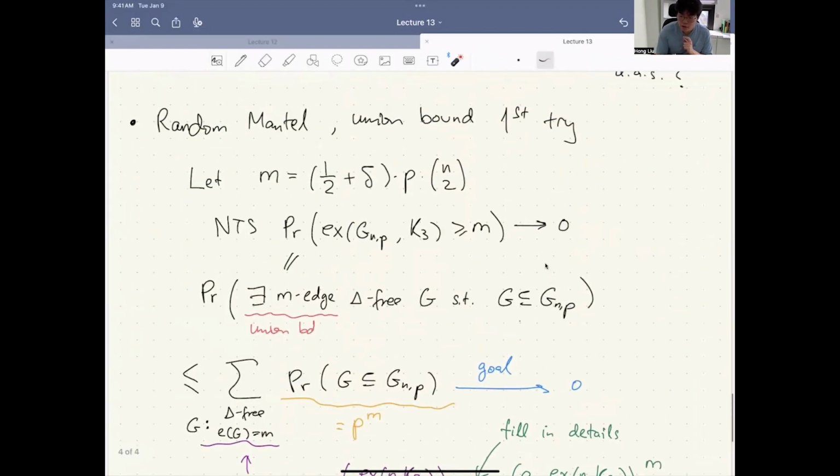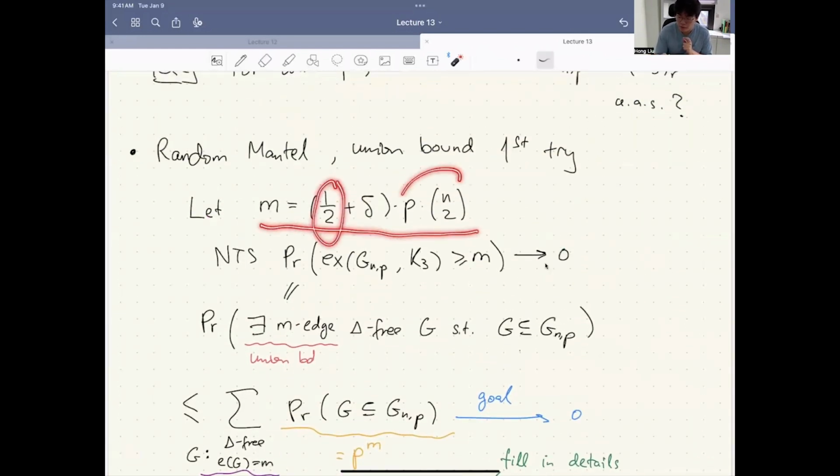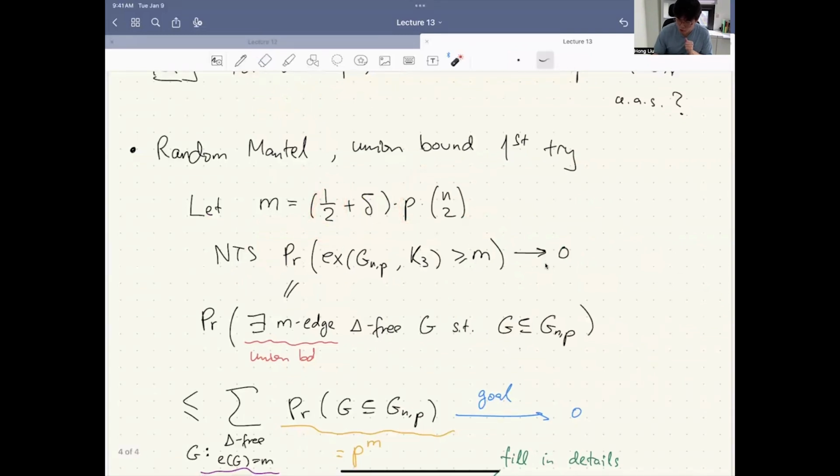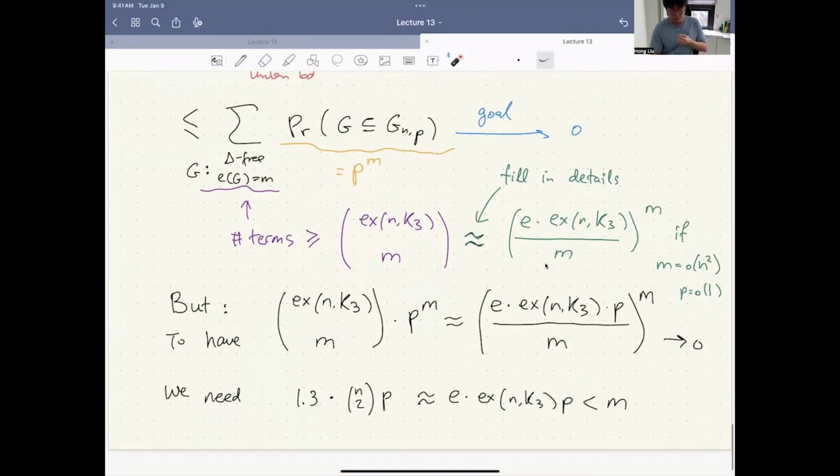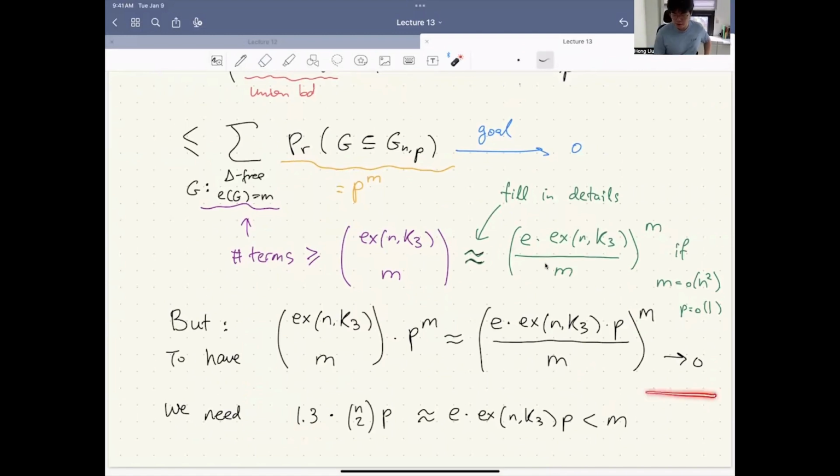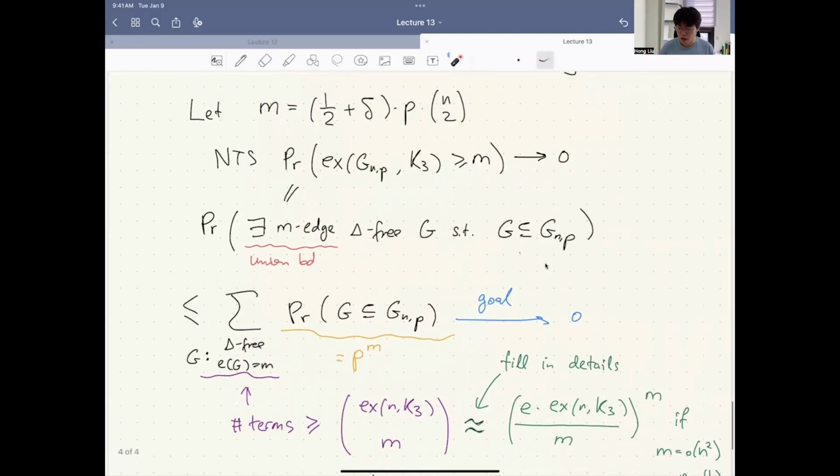But our m is just slightly above 1/2 times p times n choose 2. To have this be true, we need m to be significantly larger. So we cannot prove the tight upper bound with this naive union bound.